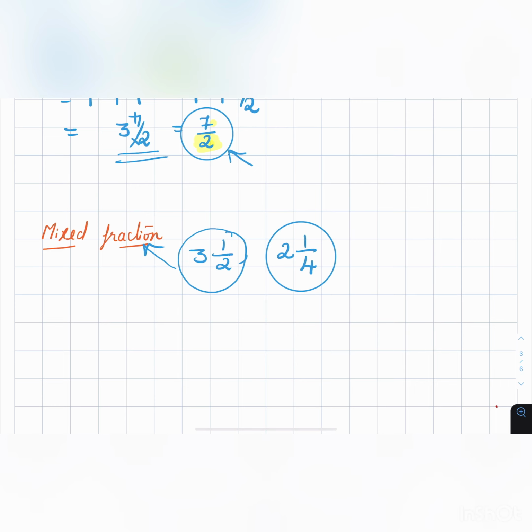This is improper. A mixed fraction is converted into improper, wherein the denominator is smaller than the numerator, right? In this case, we have kept a whole number and a proper fraction. So this is a whole number and we have a proper fraction. Less than a whole it is.